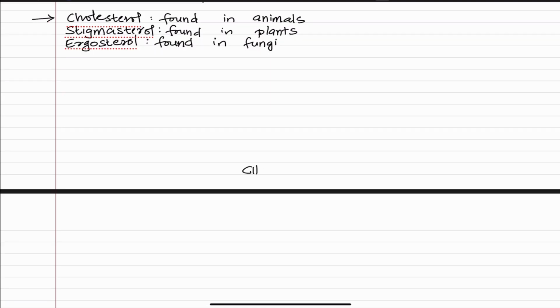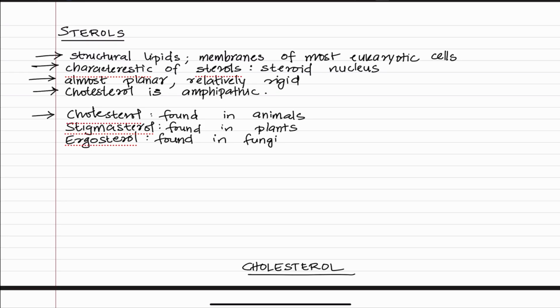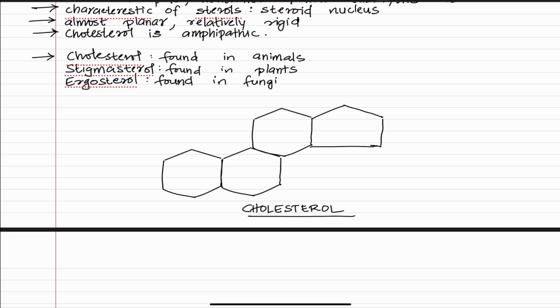Now I'll draw cholesterol out just so we can study the structure of cholesterol. Okay, so we all know that cholesterol consists of 4 fused carbon rings, which is 3 cyclohexane rings and 1 cyclopentane ring. So I'm going to draw that first. Before I draw any of the side chains or functional groups, I'm going to number this so that it's easier.